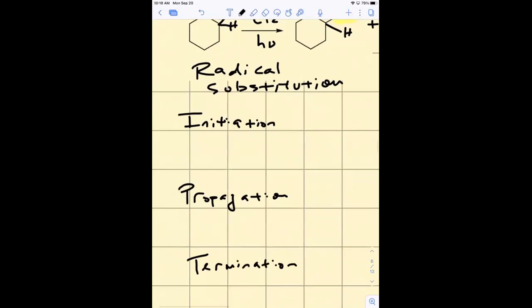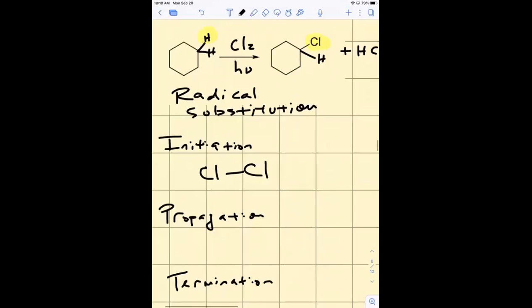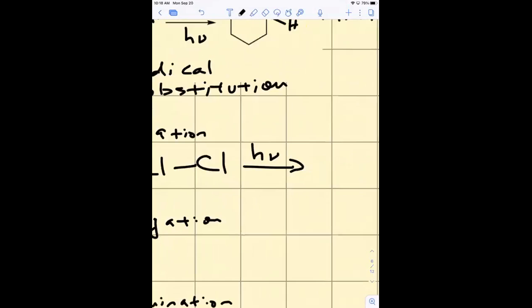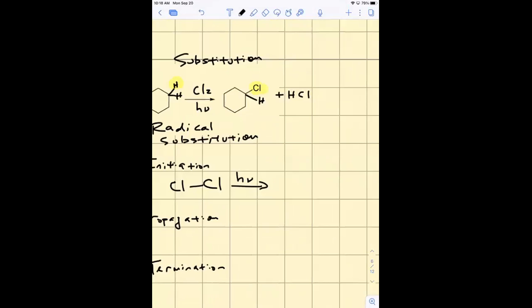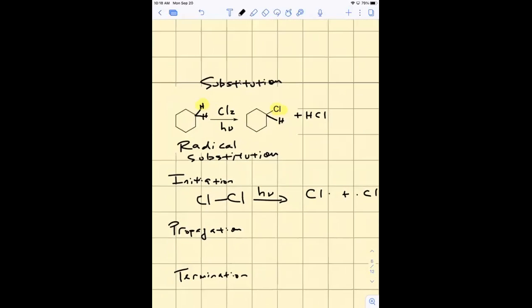The initiation part happens when I take that chlorine and cut it in half by beating it to death with ultraviolet light. I'm going to break this up into two chlorines like that, two chlorine radicals.